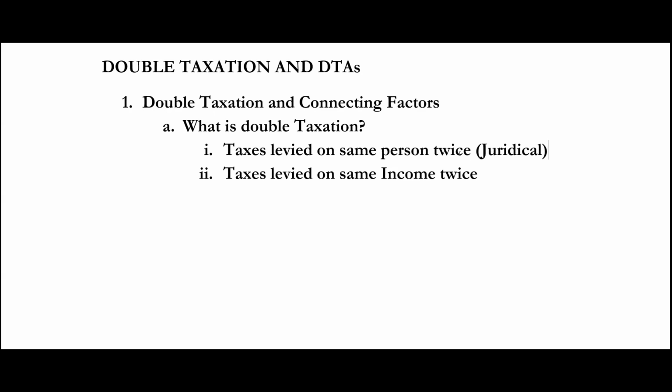So taxes can be levied on one person twice, or on one income twice. When taxes are levied on the same person twice, we call it juridical double taxation. This is because two different states are taxing one person.